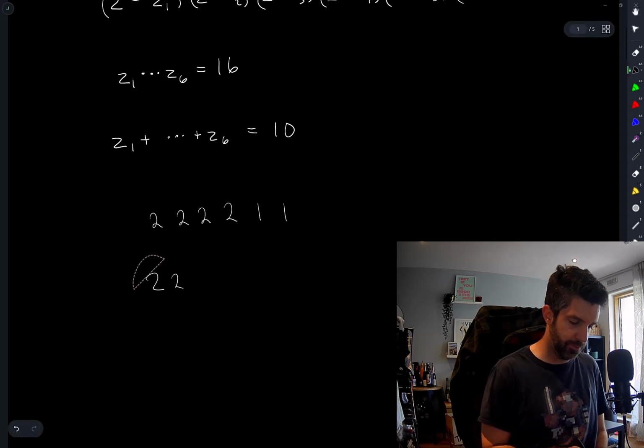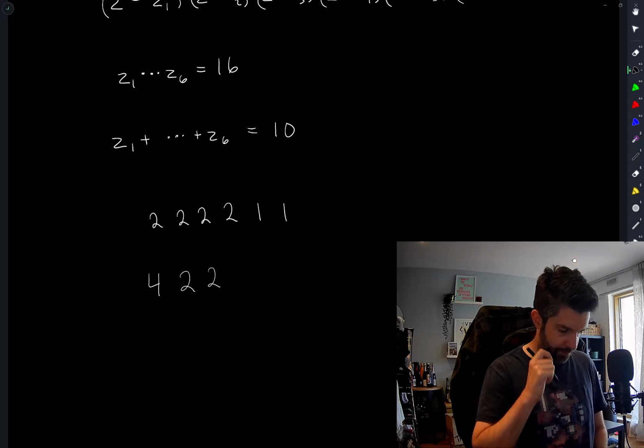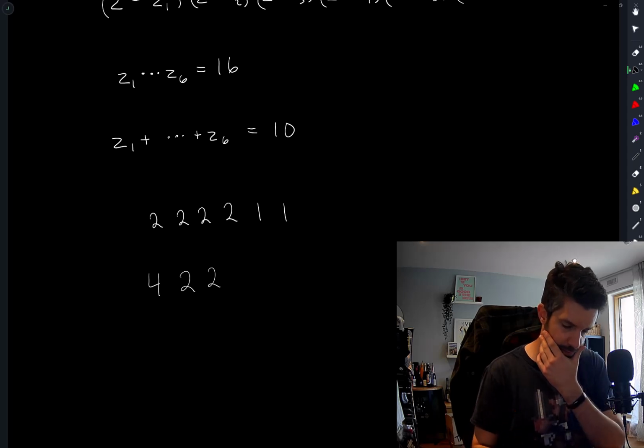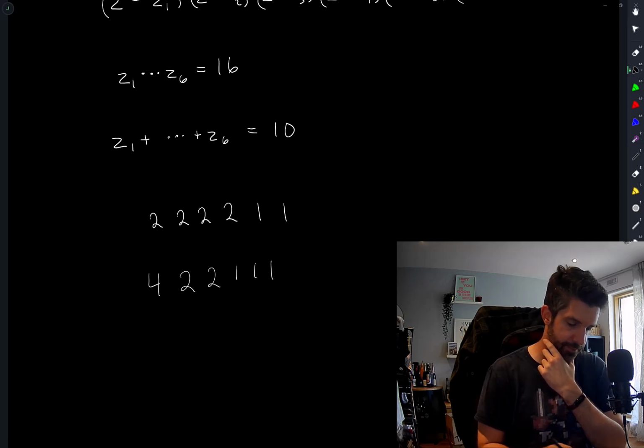What if I want there to be a 4? So now we multiply to 16, but we don't add to 10.